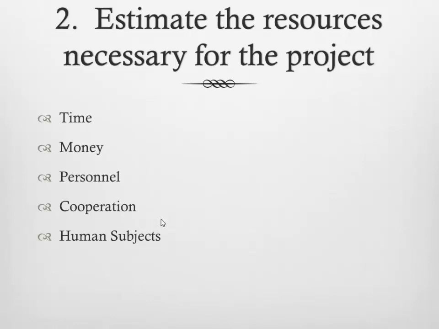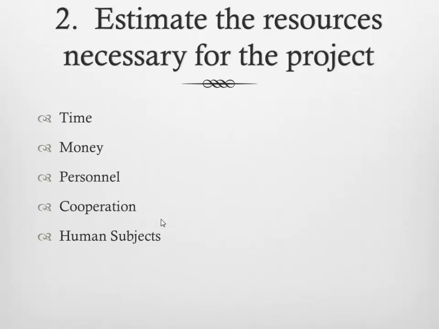So how much money is it going to cost, and what are the options there? Personnel. Do you need people to help you stuff those envelopes, to help you enter the data, things like that? So depending on the size of the research, are extra personnel going to be required?